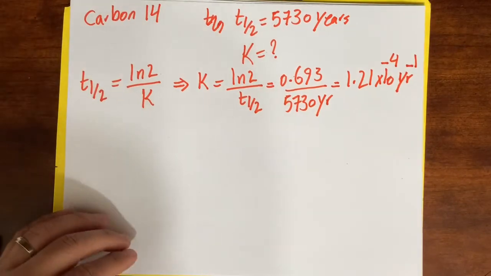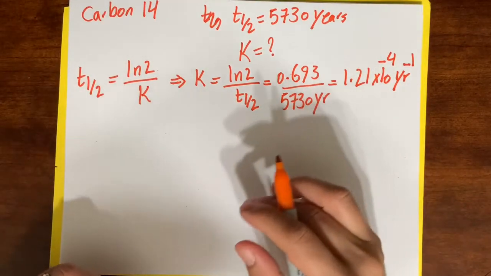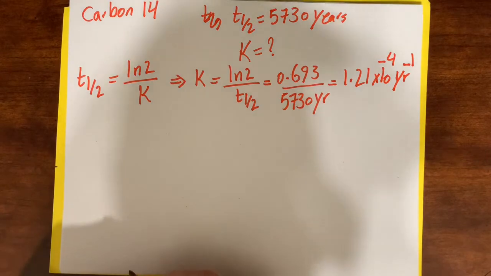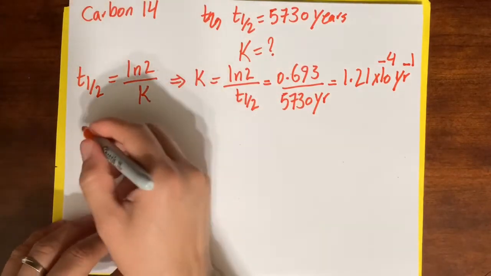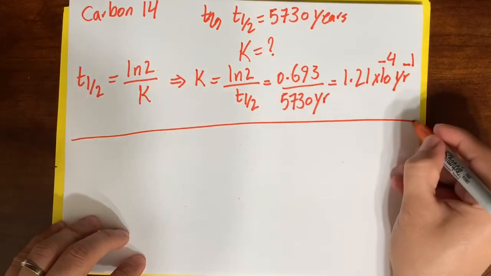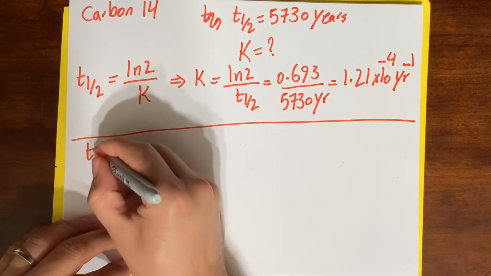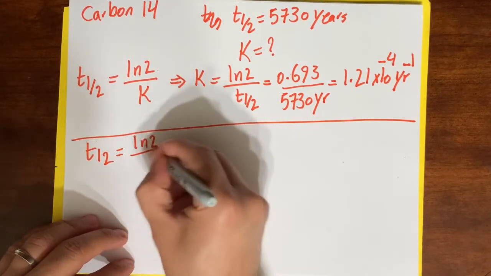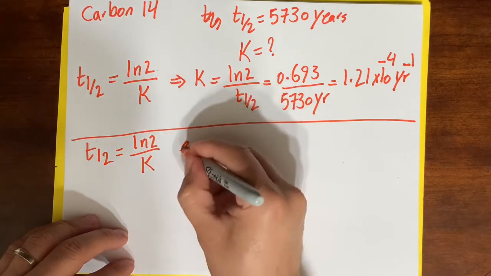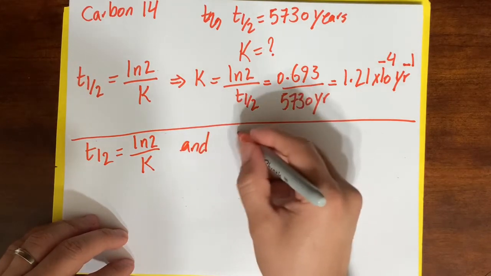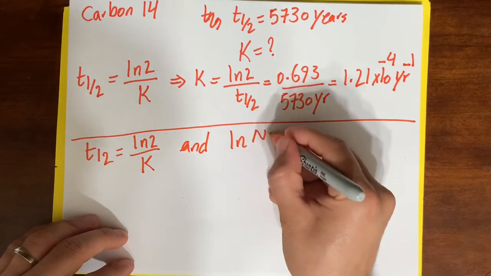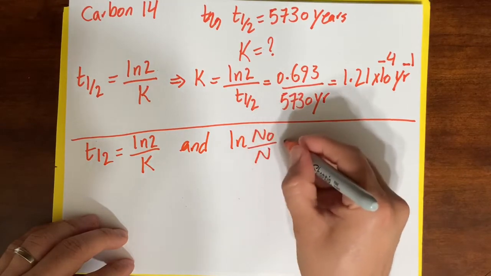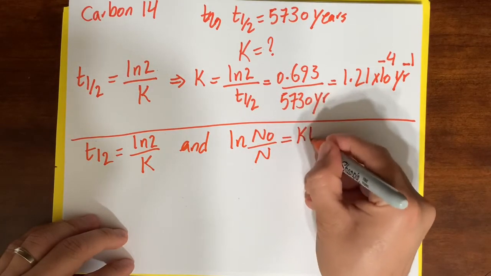Okay. Next question is going to be, we know we have this formula for half-life, and also we have ln of N0 divided by N equal to kt.